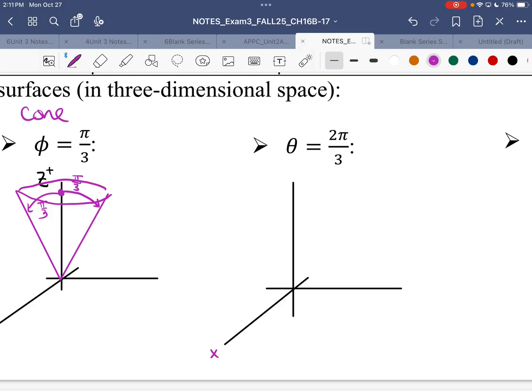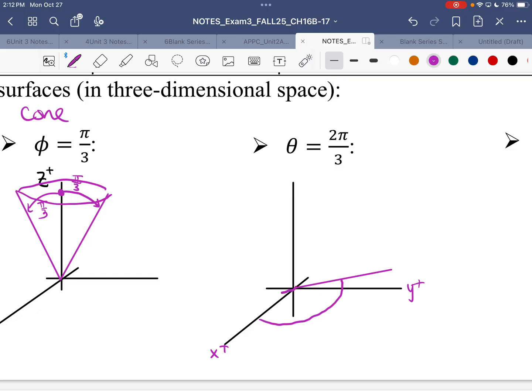The positive x-axis? So if we rotate starting from the positive x-axis, and here's the positive y-axis, then we're going to rotate around till we get to about here, because 2 pi over 3 is in quadrant 2.